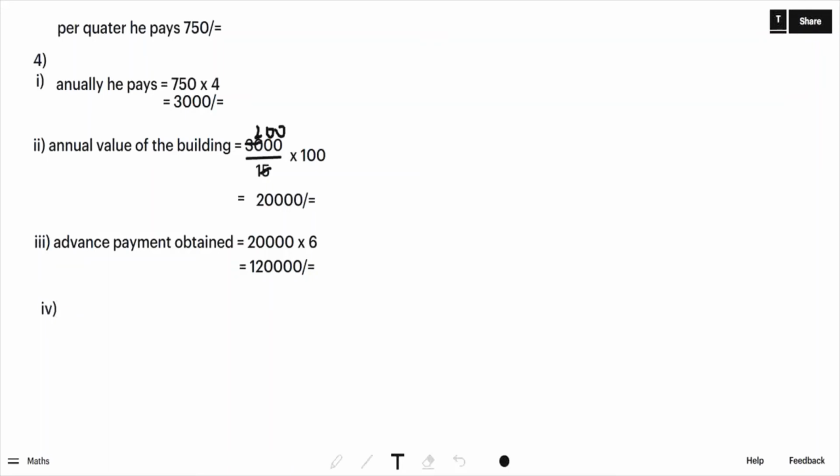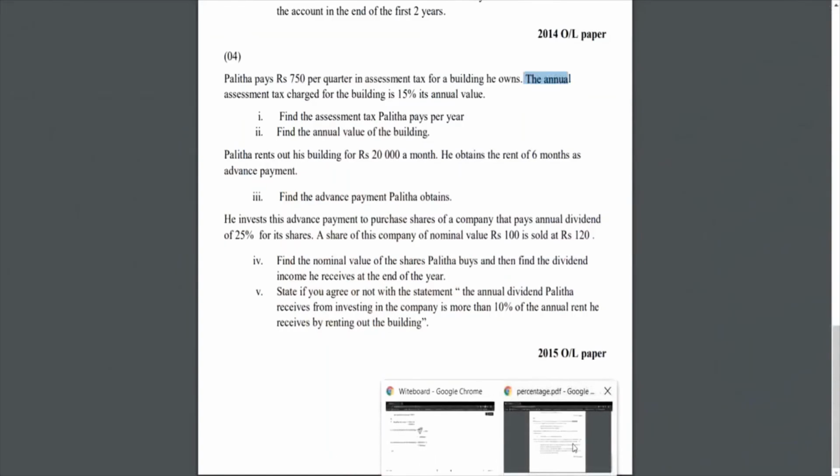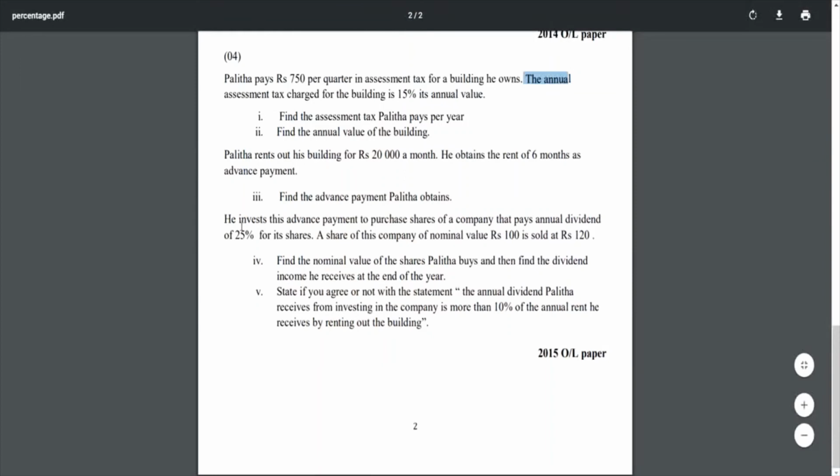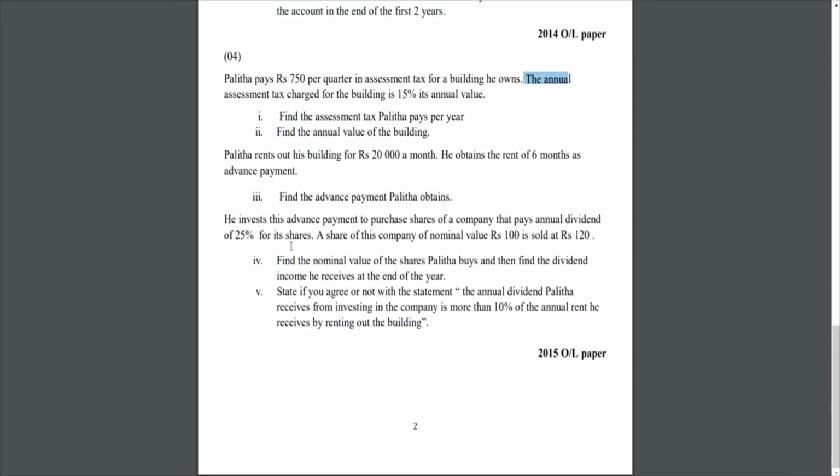See the fourth question. Now they are saying he invests this advance payment to purchase shares of a company that pays an annual dividend of 25% for its shares. A share of this company of nominal value 100 rupees is sold at 120, right?